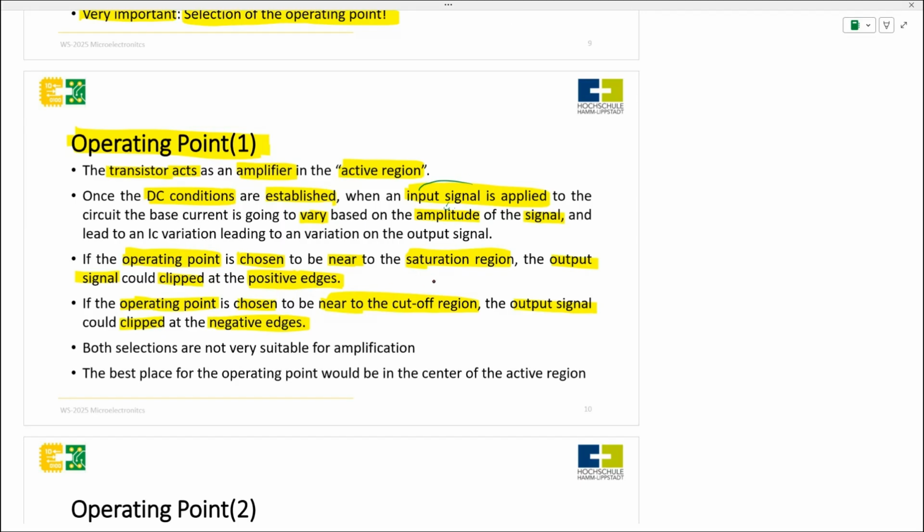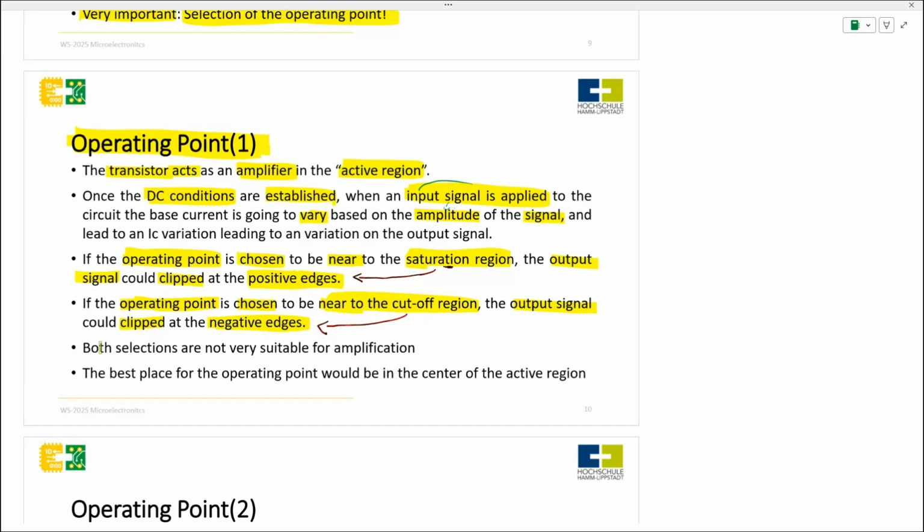So when your operating point is near the saturation region, you will have clipping at the positive edge. But when your operating point is chosen to be near the cutoff region, you will have an output signal that clips at the negative edge.